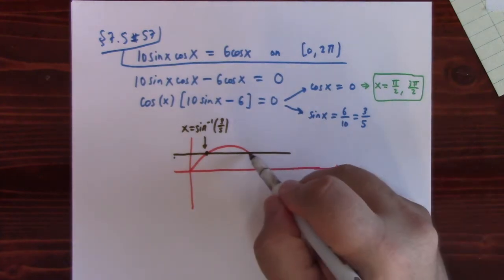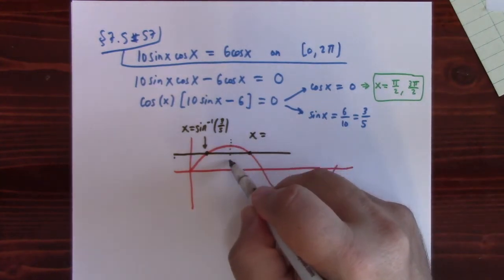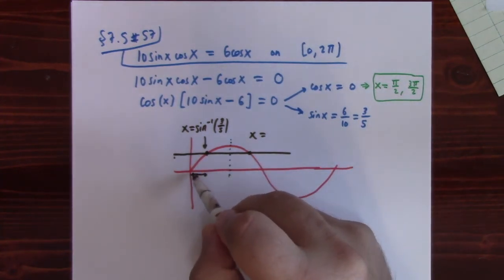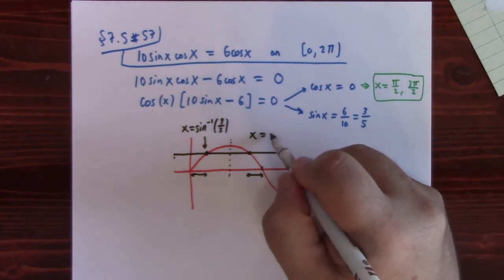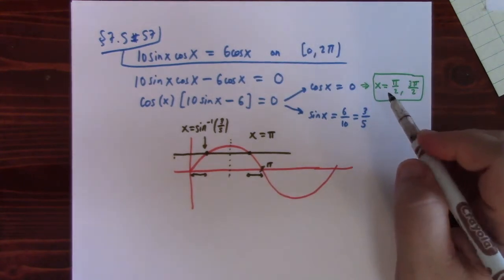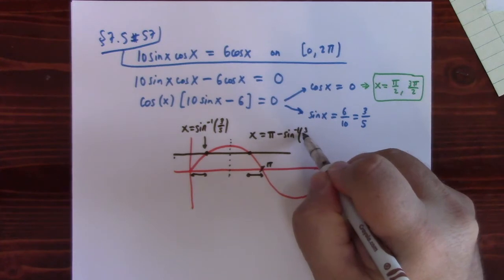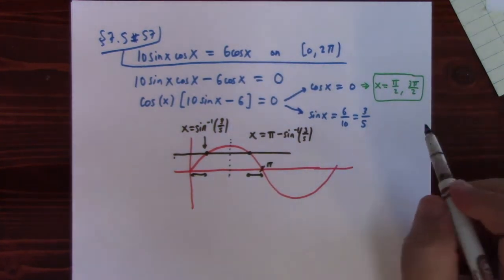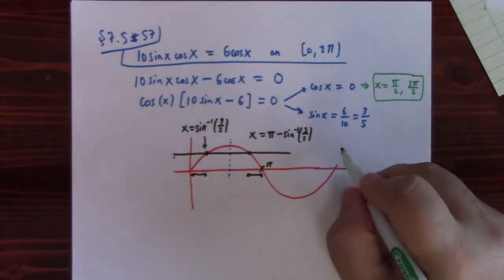And then by symmetry over here, see, pi over 2 is right in the middle. Oh, but I gotta think, this distance here is the same as this distance, so I could do pi minus sine inverse of 3/5, right? So that should be my answers, which I'll write in green.